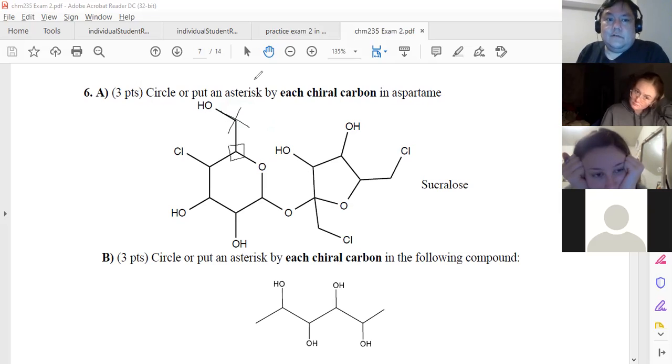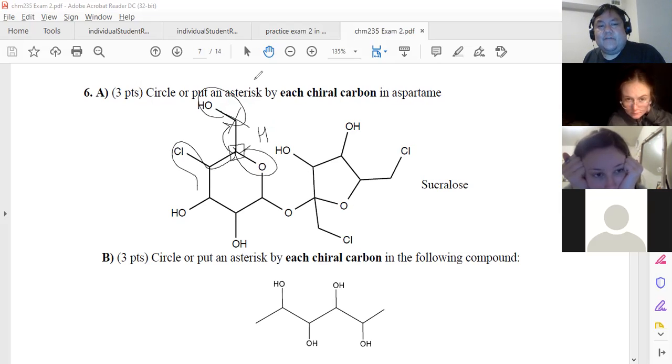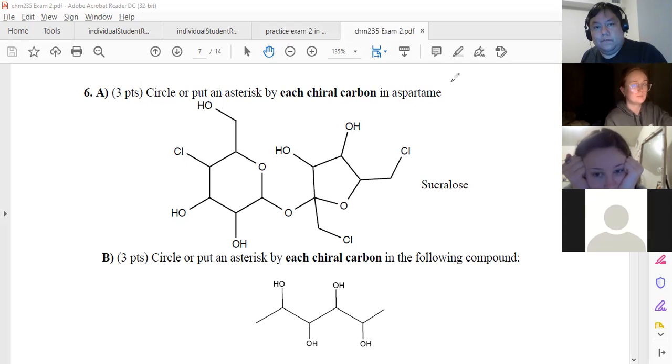Okay, what about this carbon? What's attached to that? Oxygen, a carbon. I have a hydrogen. I have a CH2OH. I have a single bonded O. I have a CHCl and the rest of this whole ring. Are those all different, or are they the same? They're all different. So is that a chiral center? Yes or no? Yep.